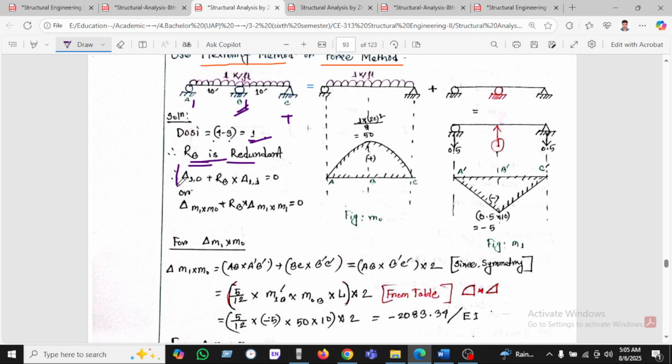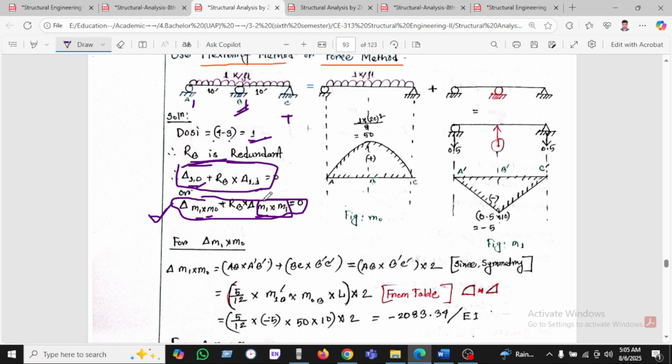This is our formula, delta 10 plus RB into delta 11, or we can say we are just using M0 and M1, M into M1 and M1 into M1. So let's see.